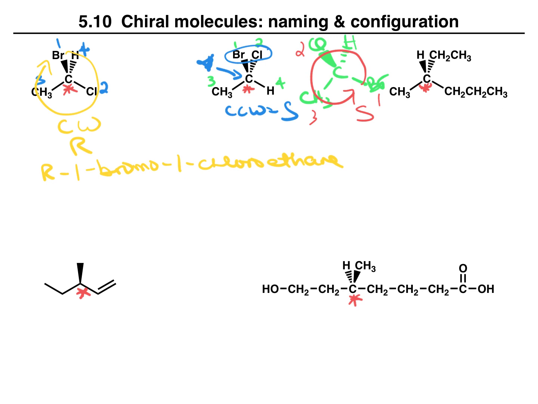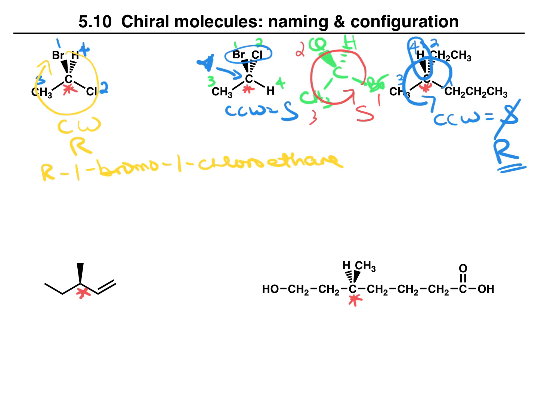So this has priority 1, 2, and 3, and then hydrogen is priority 4. So with our priority 4 coming forward, if we go 1 to 2 to 3, we are going counterclockwise, which would be S, but because we have to change the configuration, that makes this R. So this compound has the R configuration.